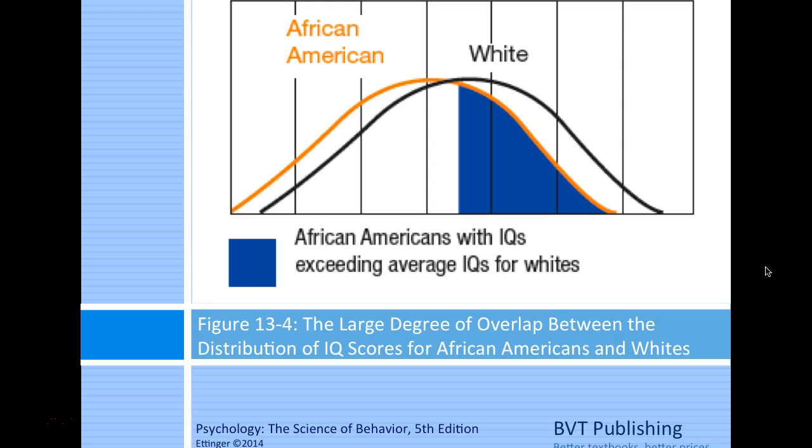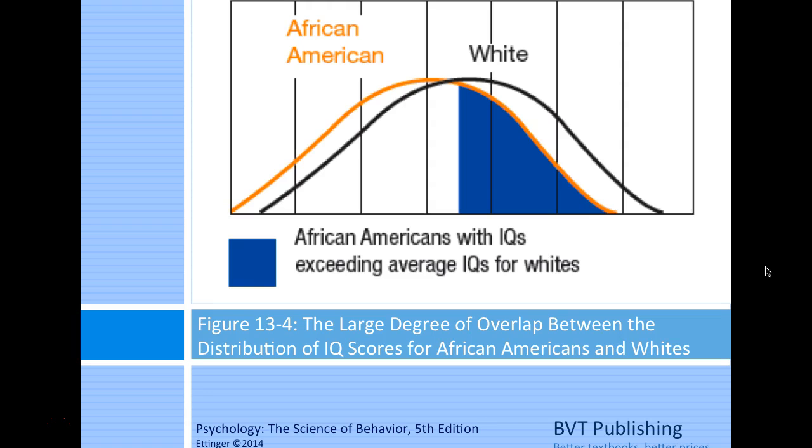Okay, so talking about how this relates to differences between African Americans and whites. Arthur Jensen, who is an educational psychologist and a hereditarian, is probably the most controversial advocate of the viewpoint that IQ differences are due primarily to heredity.